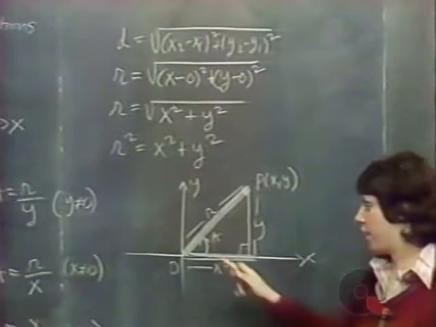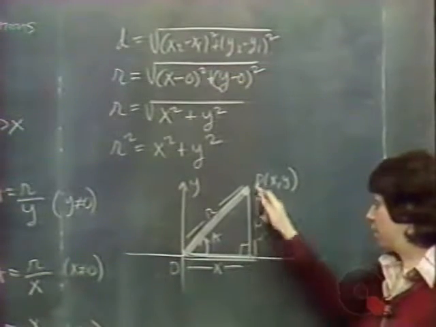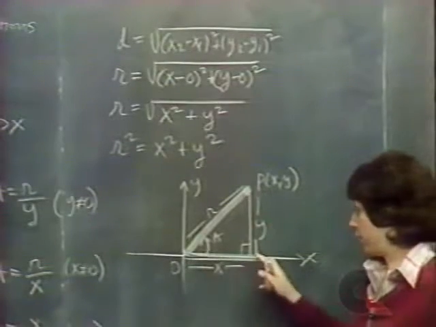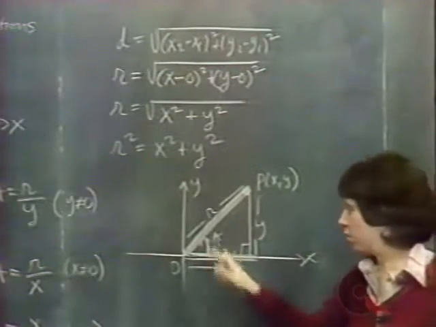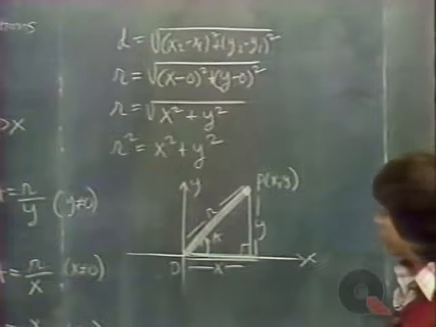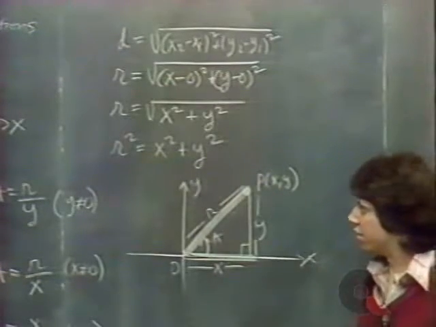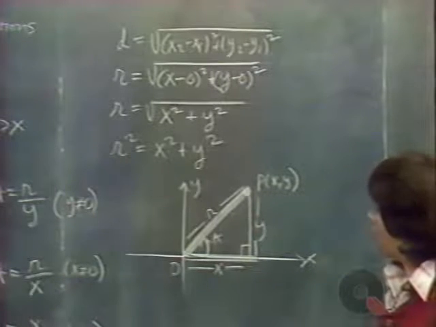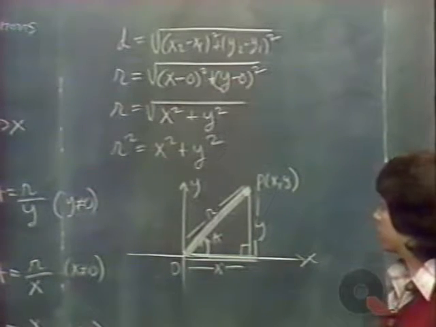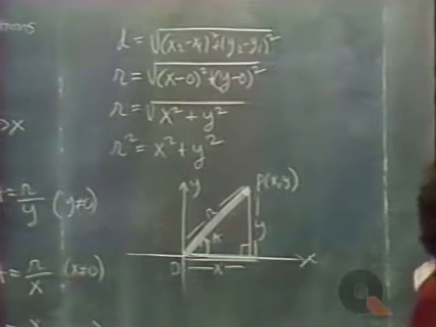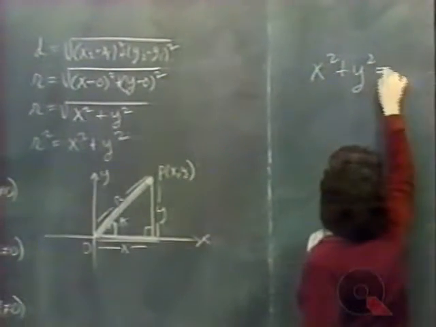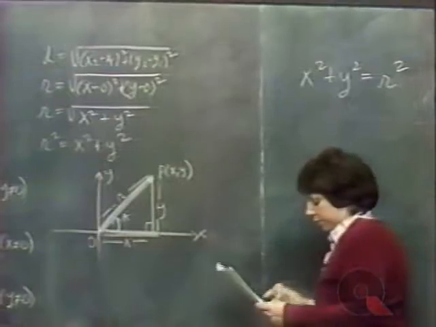In a right triangle, the sum of the squares of the 2 legs is equal to the square of the hypotenuse: x squared plus y squared equals r squared. Okay, so relationships developed from this starting point are known as Pythagorean relationships. Okay, let's start with x squared plus y squared equals r squared and see what relationships we can develop.